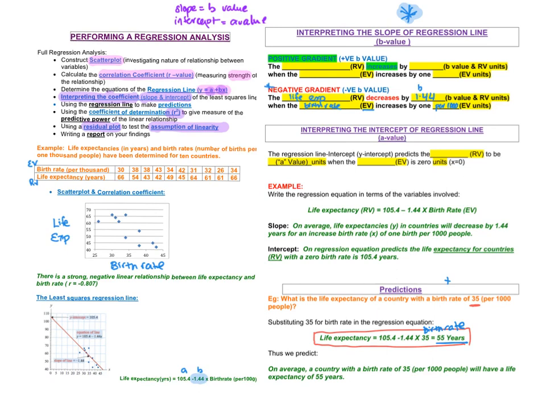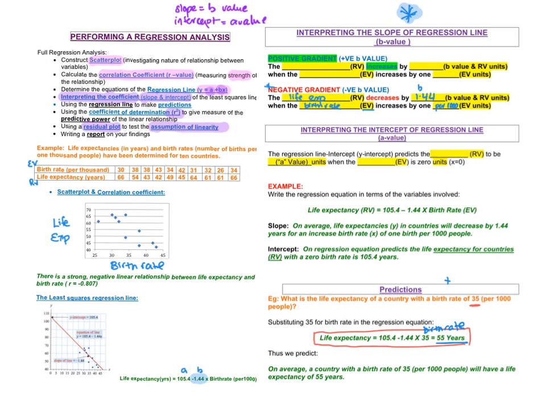Okay, so now we've got this formula for life expectancy, so we could use this to predict what we think the country's life expectancy would be if we knew their birth rate per 1,000. Here they're giving you an example. What's the life expectancy of a country with a birth rate of 35?